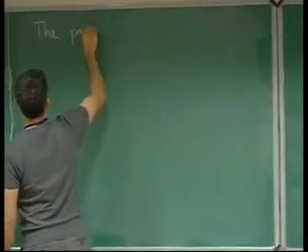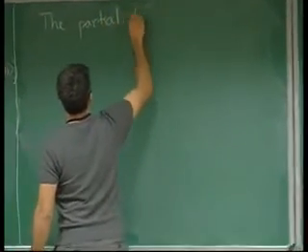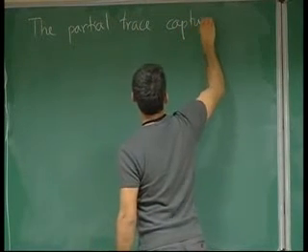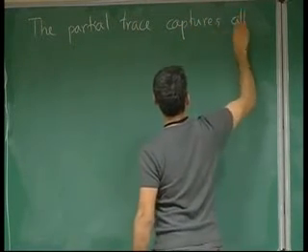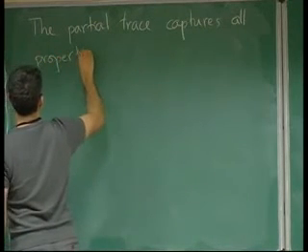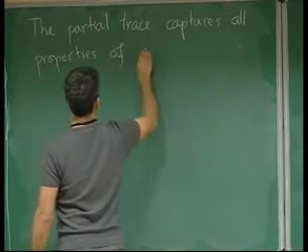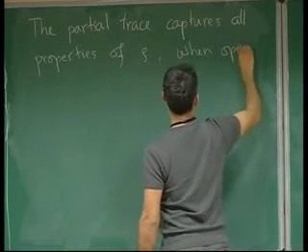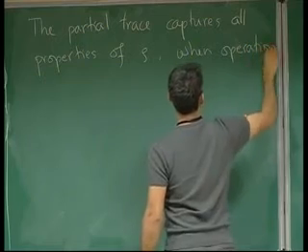So the partial trace captures all the properties of rho when the operations are restricted to H.